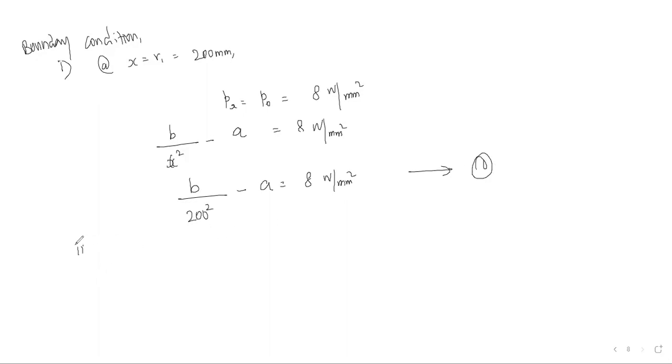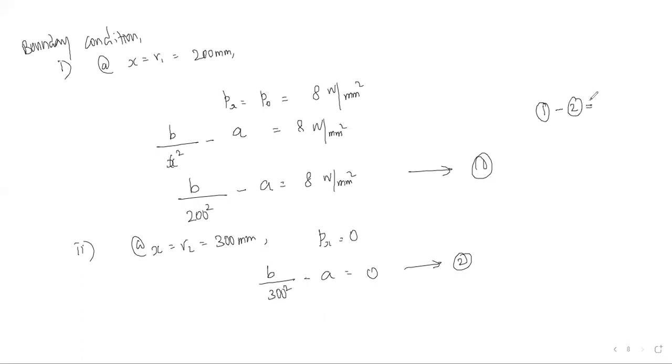Next, the second boundary condition: x is equal to R2, that is 300 mm, then our Px value is equal to 0. So B by R2 squared, that is 300 squared, minus A is equal to 0. This is equation number 2. If I deduct 1 minus 2, then I can get the solution.